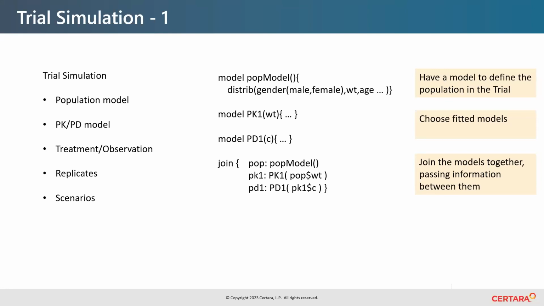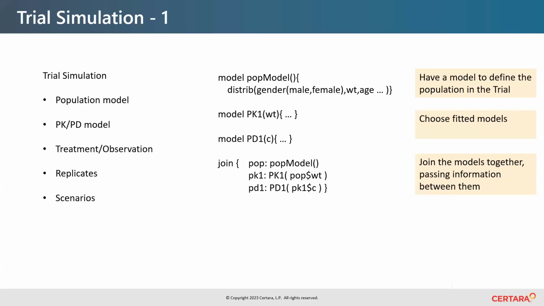For instance, if the power of the trial is 80%, you can run the trial 100 times with random variations in the population, and if it succeeds 80 times out of 100, that's pretty good. You get a power of 80. So what does that consist of?